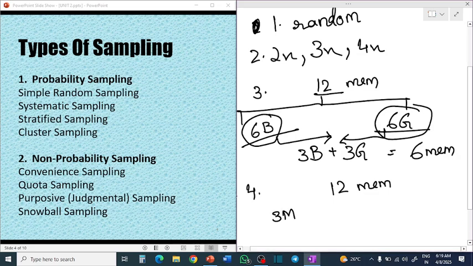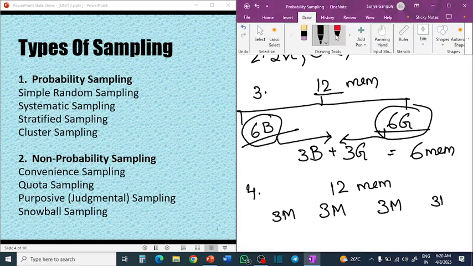Now, these 3 members also have boys and girls. So, boys and girls are selected randomly. So, you will have 4 groups like this: 3 member, 3 member. Let them be 4 members. It will be easier for us to understand.